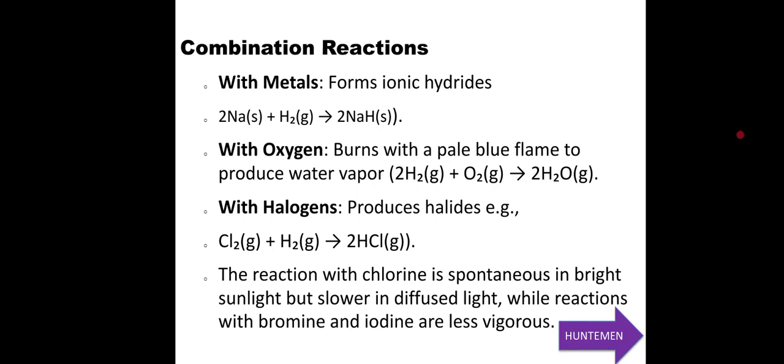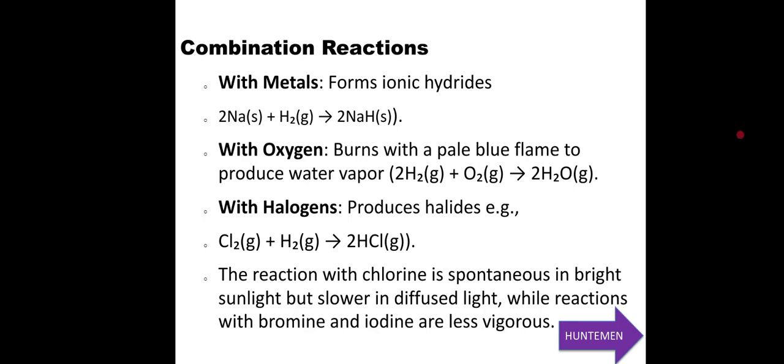At times the hydrogen flame is invisible. So it burns with a pale blue flame to produce water vapor. If you see the chemical equation, you see hydrogen gas combined with oxygen gas to give water. And beside that water, you see a (g) there. That means it is gas, gaseous water, which is the same thing as water vapor.